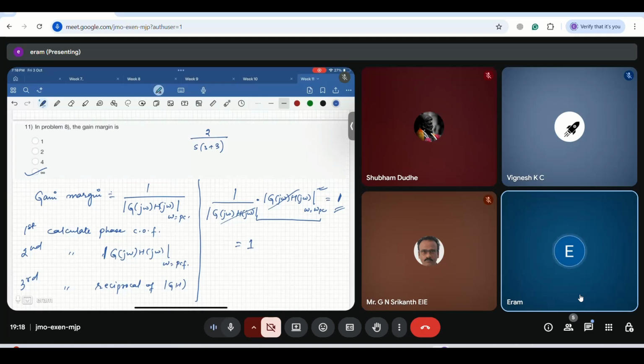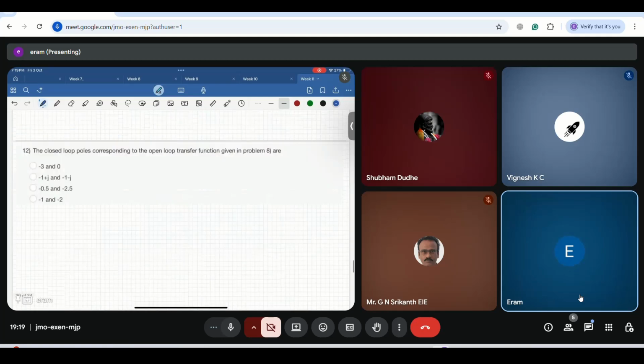Whatever frequency you put into the system, it is never going to touch the magnitude of 1. Okay, you have an infinite gain margin.